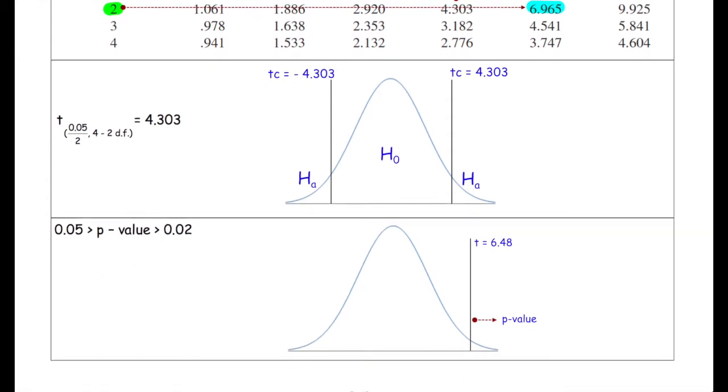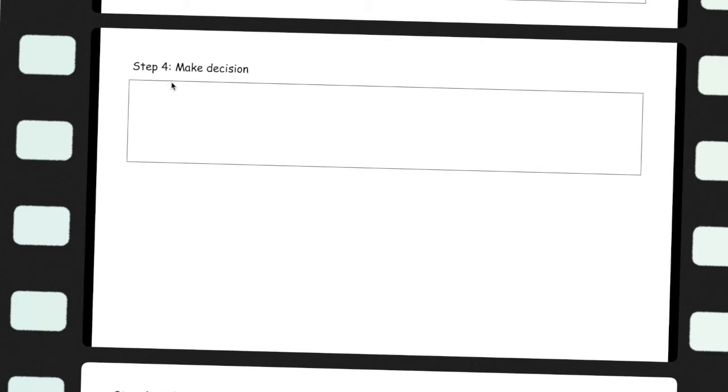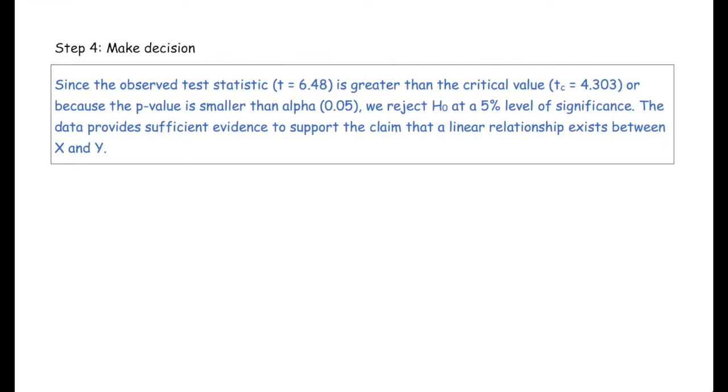So once we've done that, we can either use the classical approach or the p-value approach to make a decision. And so you could say things like, since the test stat 6.48 is bigger than the critical value of 4.303, or because the p-value is smaller than alpha 0.05, we reject H0.